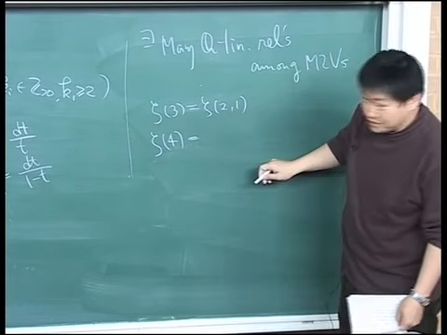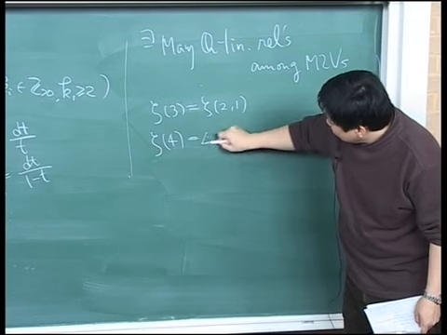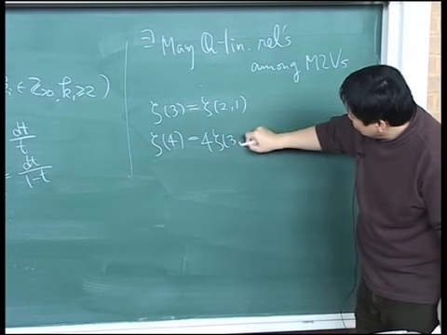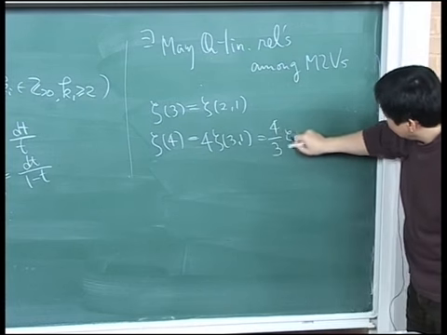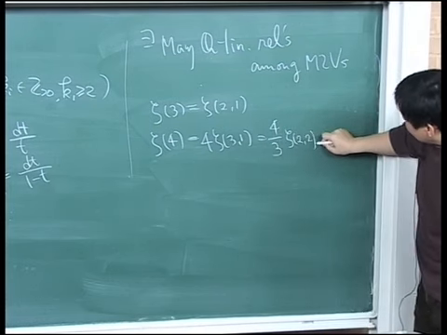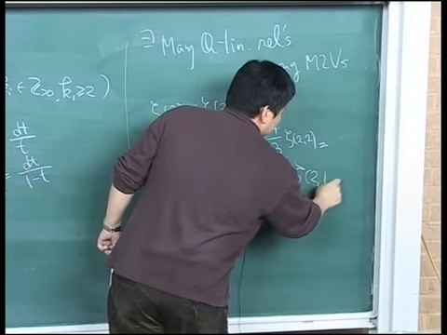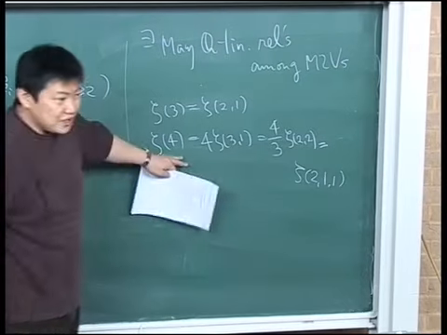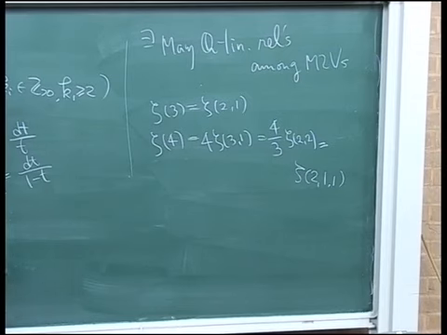This is a relation for zeta values of weight 4: zeta(4) times zeta(3,1), 1 over 3 zeta(2,2), equals zeta(2,1,1). So there are four zeta values of weight 4, but the space spanned by them is just one-dimensional.